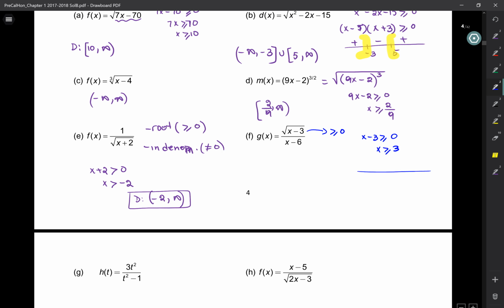Let's just draw that, 3 and above. What does that denominator say? x cannot equal 6. So the numerator said, everybody above 3, come on in. And then the denominator says, no, leave out the 6. So 3 to 6. Now, where do I close? Where do I open? Close the 3, open the 6, and then?